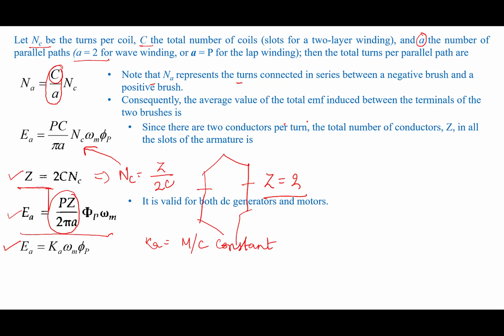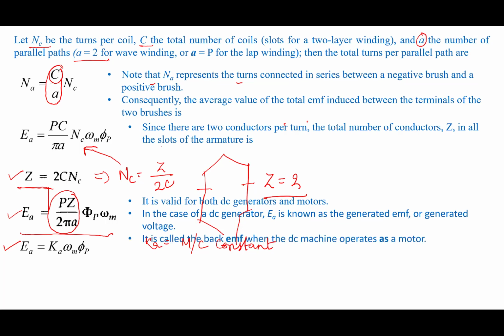This equation is valid for both generator as well as motor, because it is the same kind of machine and there is no structural change. In case of a motor, this EMF is known as the back EMF, but in case of a generator, it is known as the generated EMF or induced EMF, right?